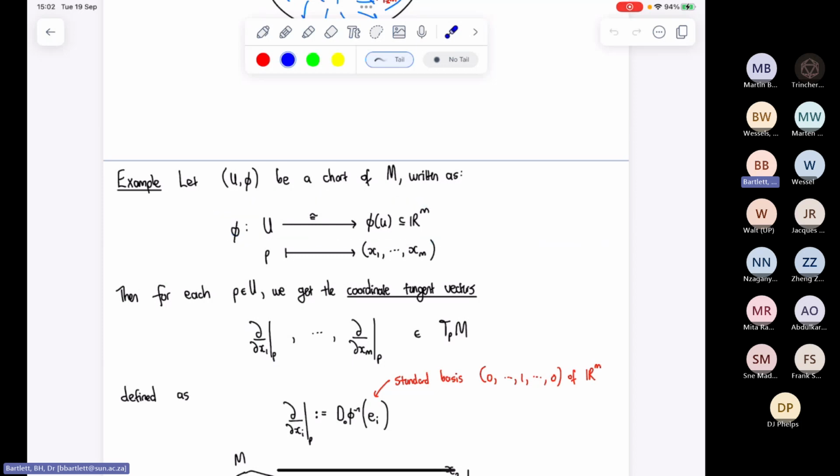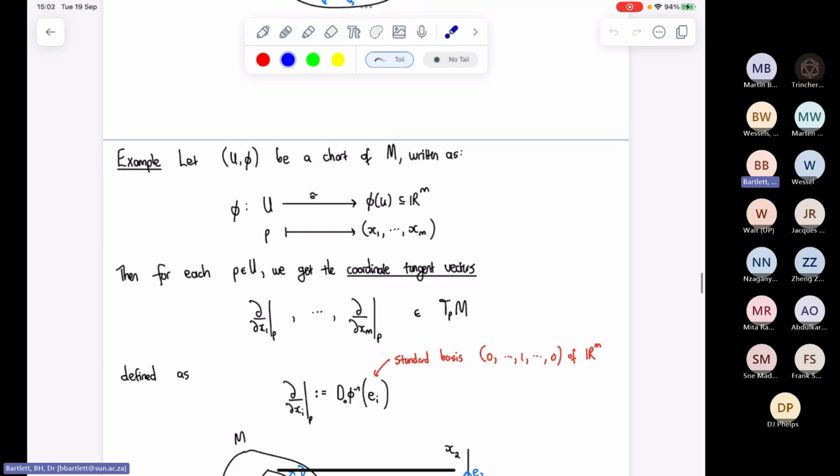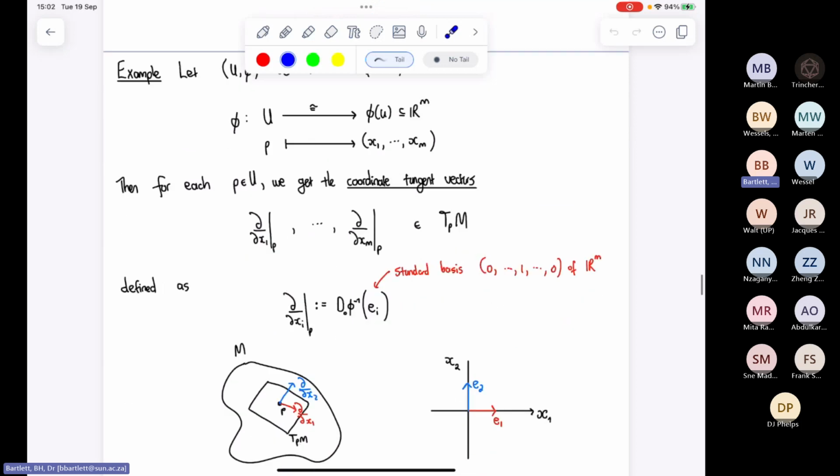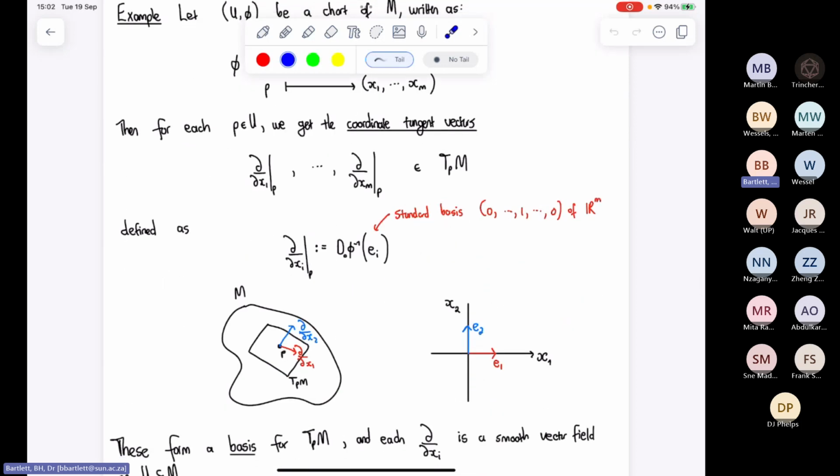And how are they defined? Well, remember, a tangent vector is an equivalence class of smooth curves, so I have to tell you what smooth curve it is.